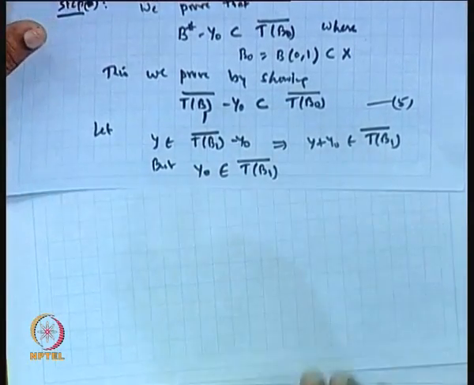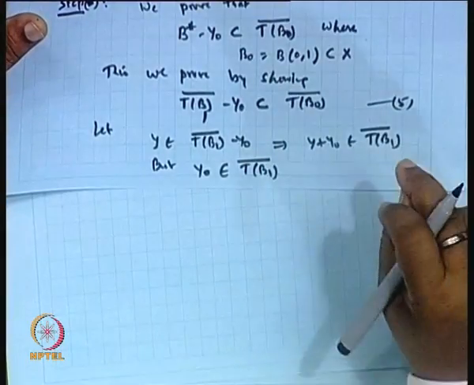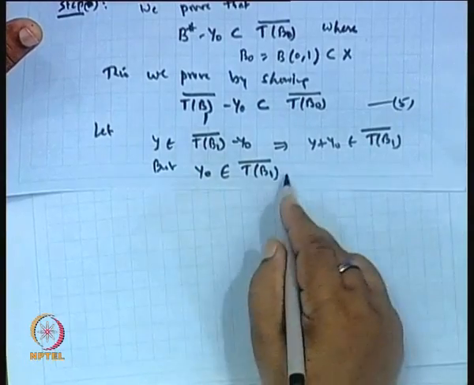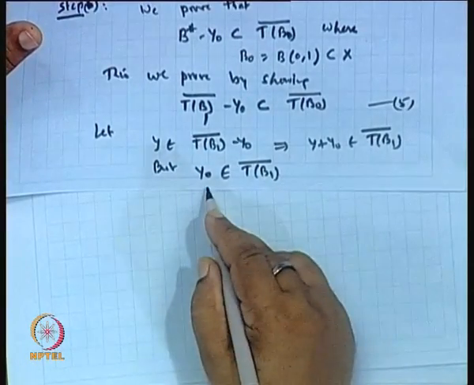There is one result: if a point belongs to the closure, there must be a sequence of points in T B 1 which converges to it.